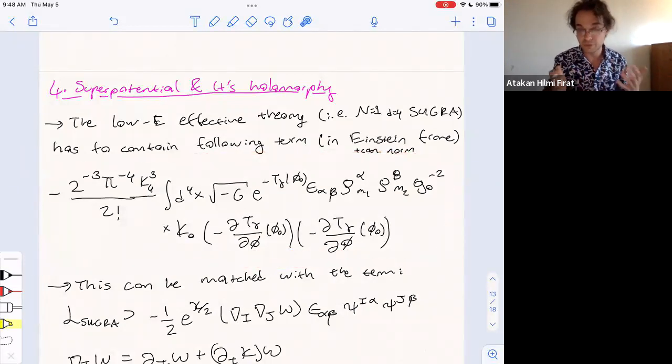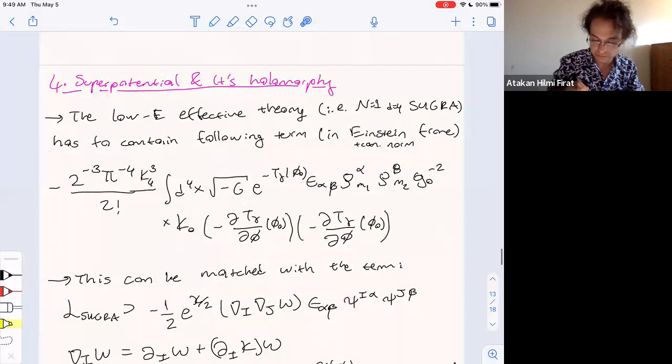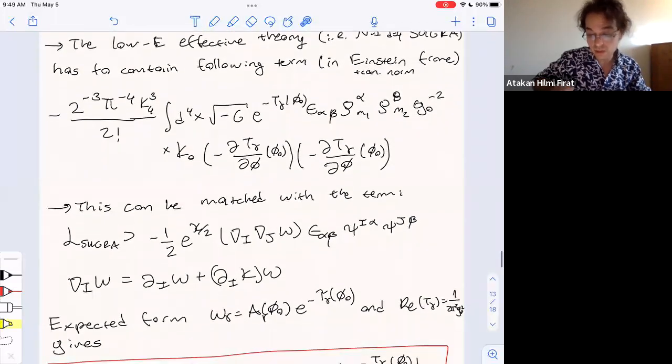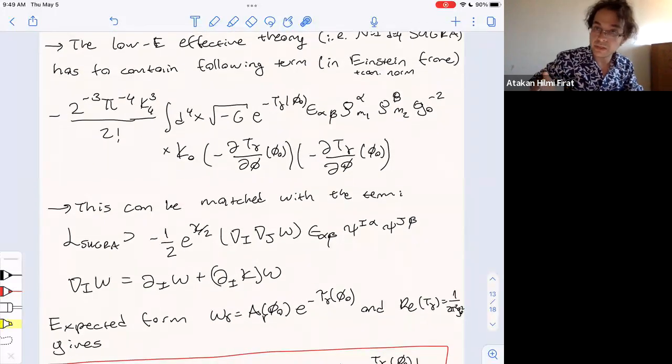The fact that you can do it is important, because there are subtleties: we compute in the string frame, and you need to convert to the Einstein frame, canonical normalization, etc. So it requires some care, but this can be done. Then you say, okay, I know my symmetries in the low energy theory, which is N=1. It should be N=1 supergravity.